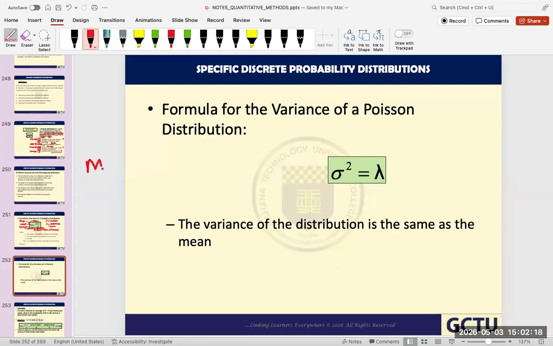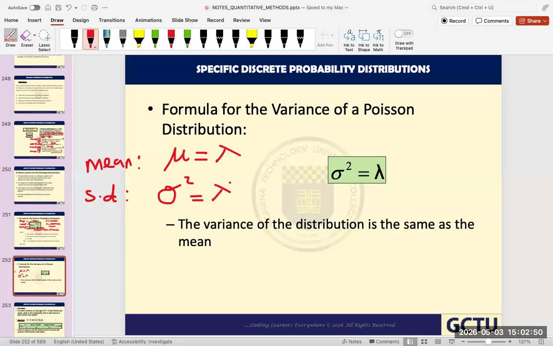So the formula for the mean in Poisson distribution is mu is equal to lambda. Mu is equal to lambda. And then the variance, sigma squared, is also equal to lambda. So look at it. All equals lambda.